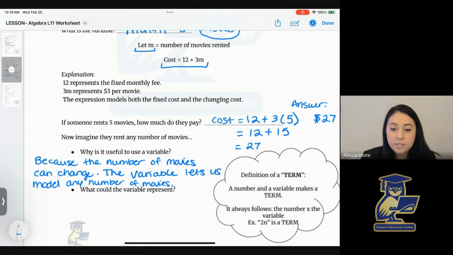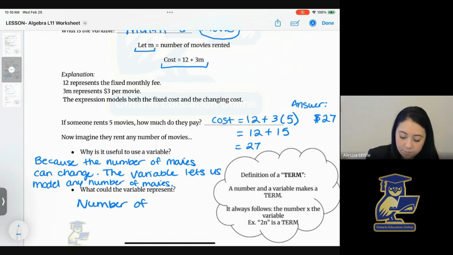And our second question says, what could the variable represent? The variable represents any number of movies. Really, the variable can represent any changing quantity.